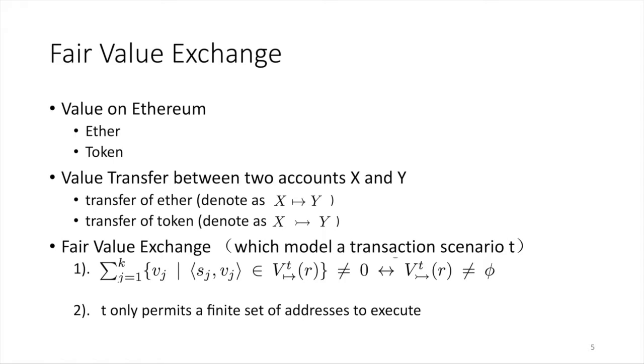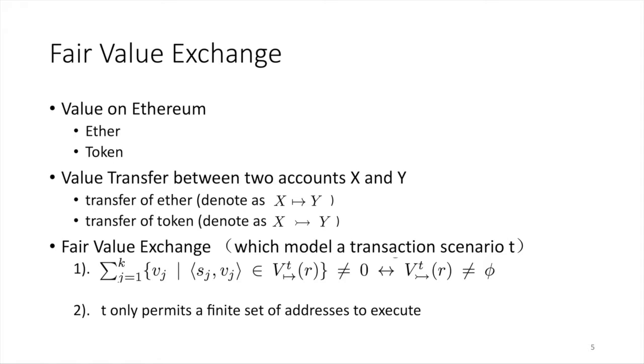Firstly, we define the value of Ethereum in two formats, Ether and token, where Ether is the cryptocurrency of Ethereum and token is often implemented as specific storage data. A contract value transfer can be the transfer of Ether or the transfer of token.